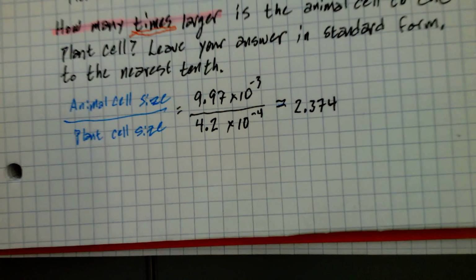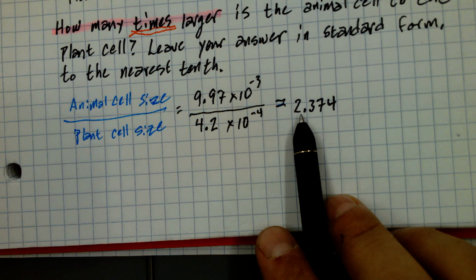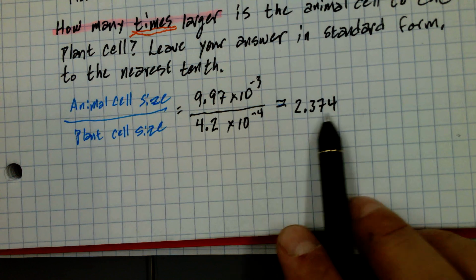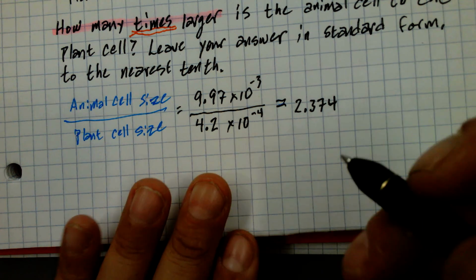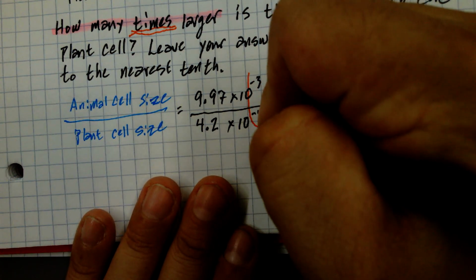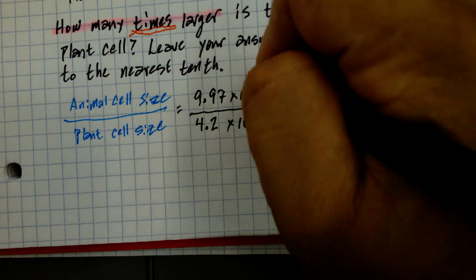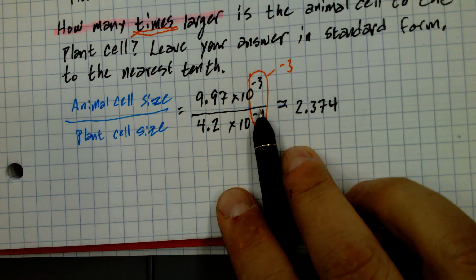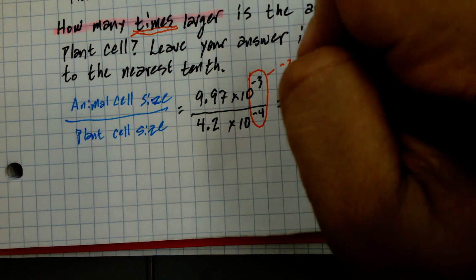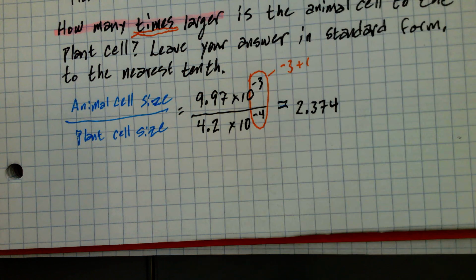And I can already tell that since that's in scientific notation, we should be okay. We won't have to push a decimal at this point. But what we do have to do is this part. What's our exponent on the power of 10 going to be? Negative 3, minus negative 4.